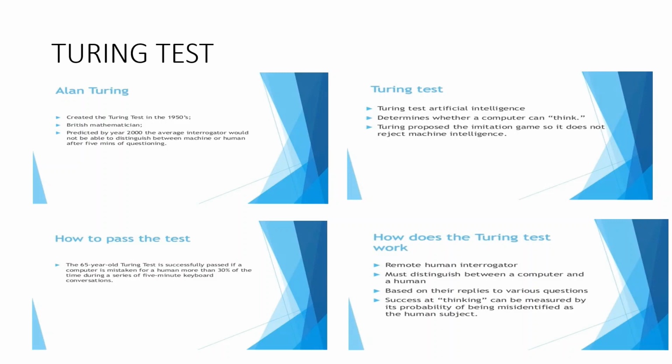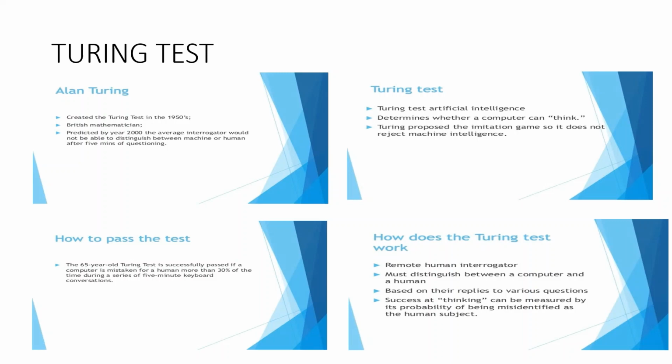The 65-year-old Turing test is successfully passed if a computer is mistaken for a human more than 30% of the time during a series of 5-minute keyboard conversations. So when a computer is mistaken for a human more than 30% of the time and behaves like a human for 5 minutes of keyboard conversation, then it will get the pass certificate.